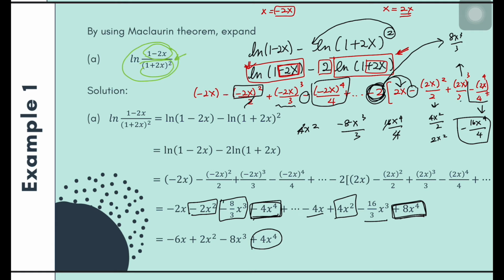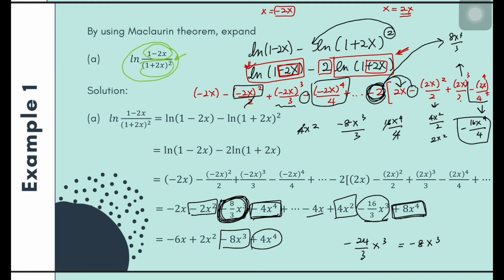Then you have negative 8 over 3 x to the power of 3 minus negative 16 over 3 x to the power of 3, which gives negative 24 over 3 x to the power of 3, equal to negative 8x to the power of 3.